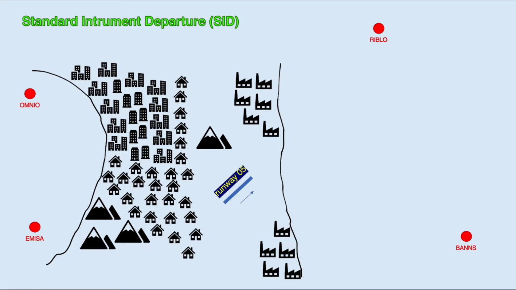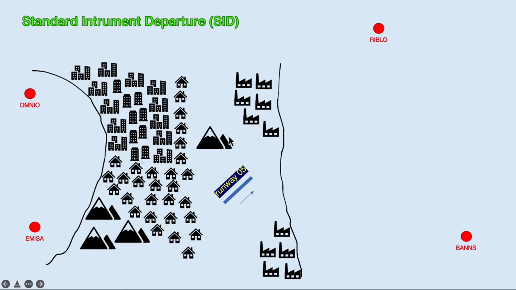Let's consider that the traffic is flying out of runway 05. Of course, I'm not going to explain the reason why the runway is 05. You can see it in the previous video. But in this case, when they are departing from runway 05, it's very dangerous to turn directly to the left or to the right, because there are industrial areas and a mountainous area.